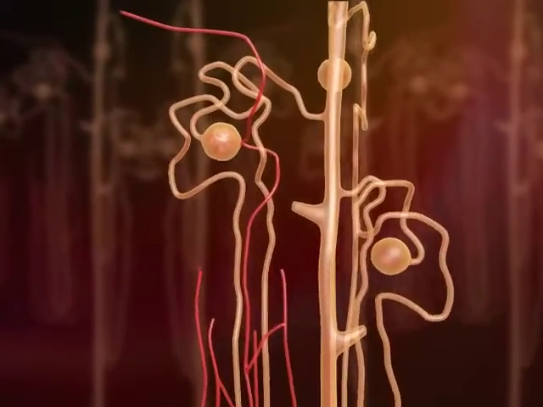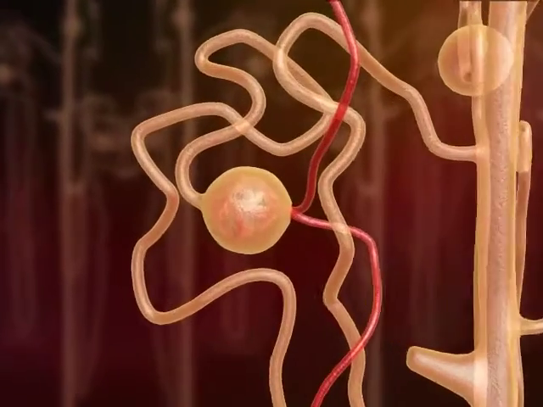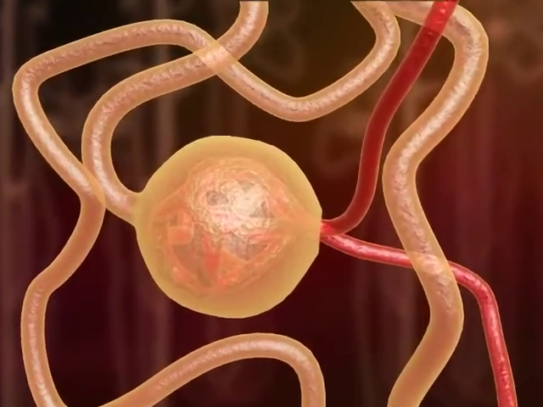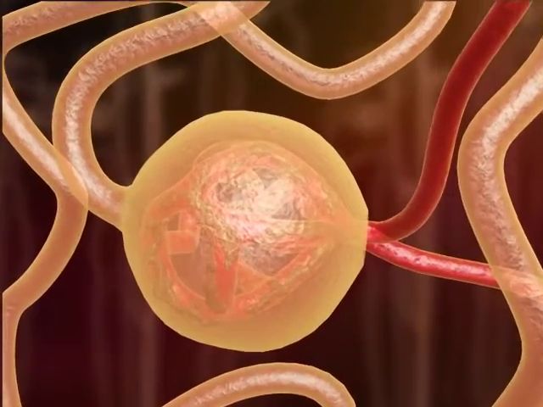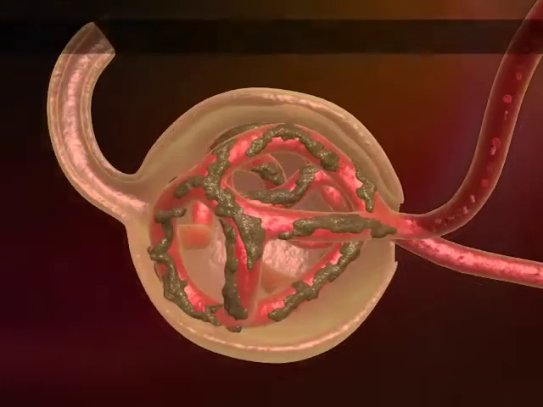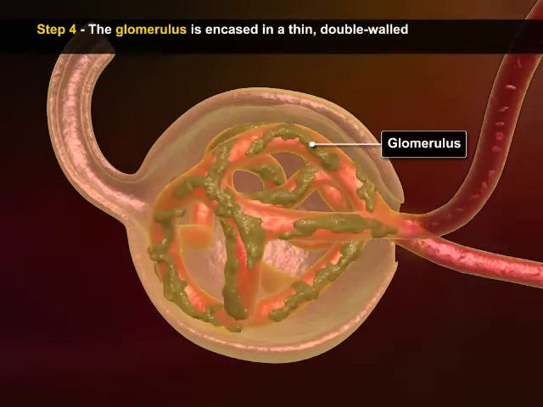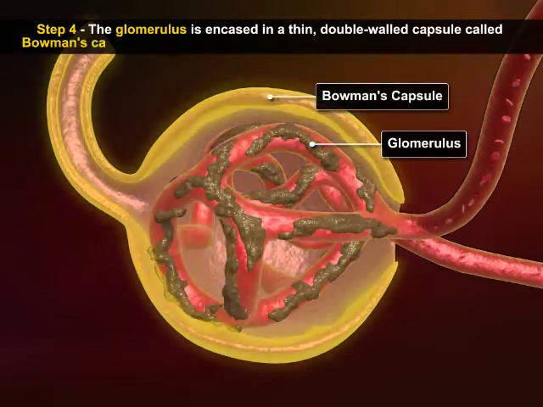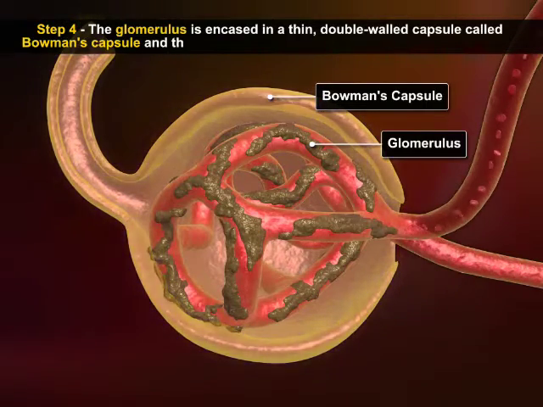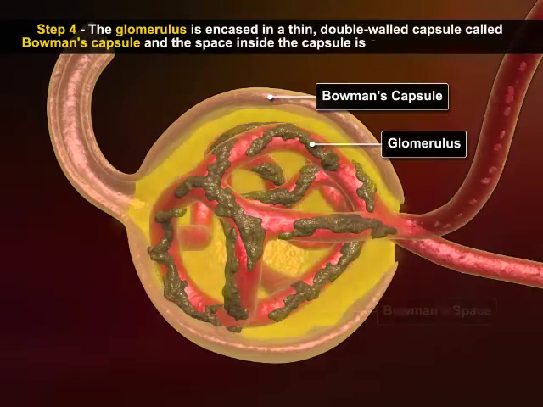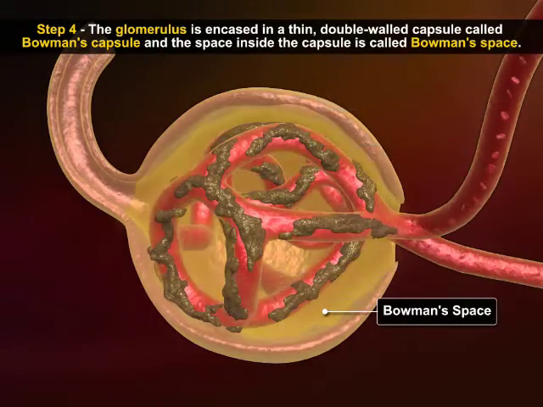Each nephron consists of a glomerulus and a system of tubules. The glomerulus is a unique, high-pressure mass of capillaries that filters the blood. The glomerulus is encased in a thin double-walled capsule called Bowman's capsule. The space inside the capsule and surrounding the glomerulus is called Bowman's space.